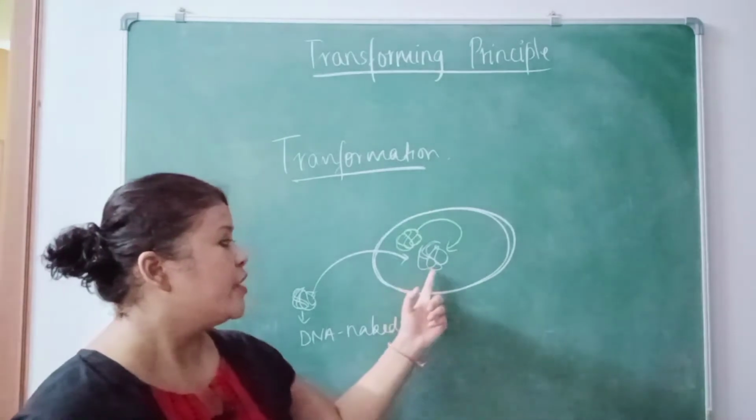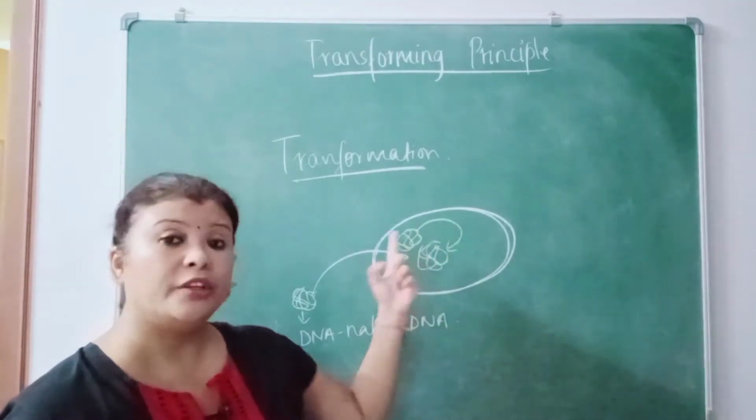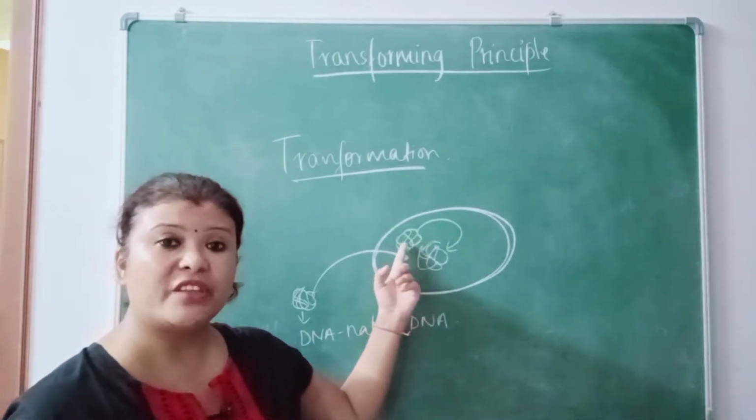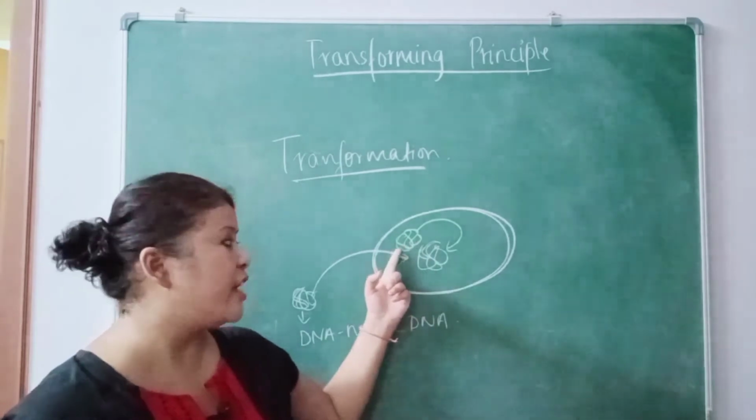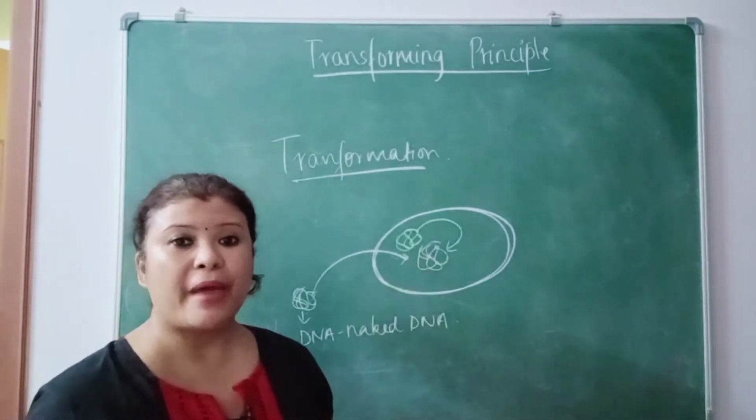In that case, this bacteria may produce certain kinds of enzymes, nuclease enzymes, which may result in the lysis of this naked DNA, thereby maintaining the integrity of this bacteria.